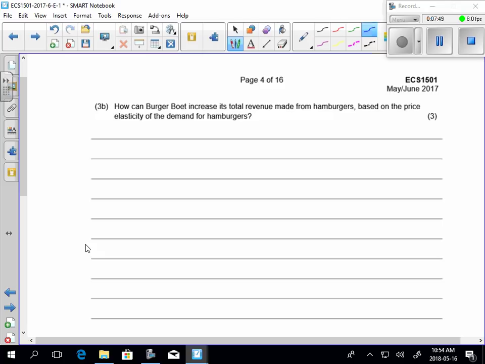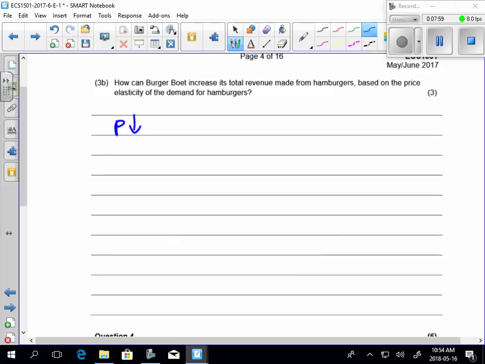So in other words, to increase their total revenue, Burger Boot should decrease the price of their product. Okay? Because if they decrease the price by 1%, quantity demanded will increase by 3.5%.